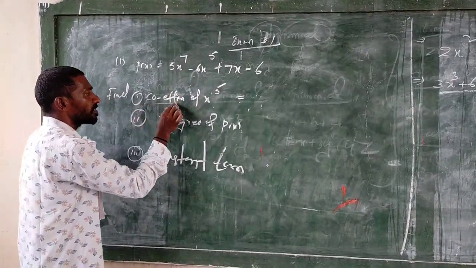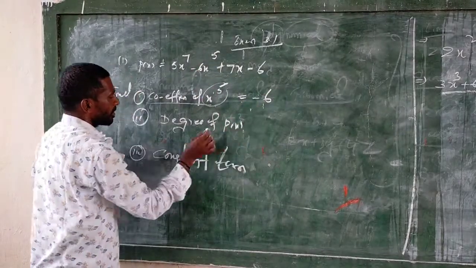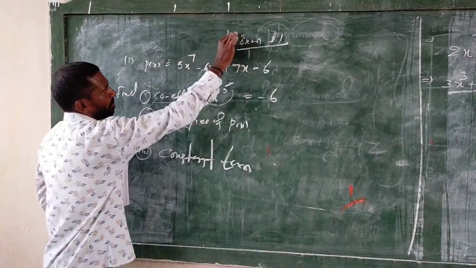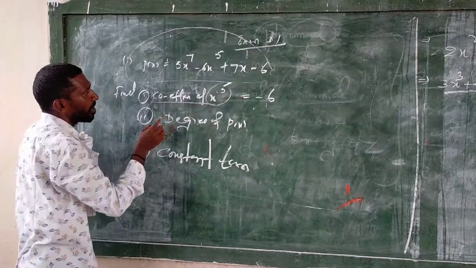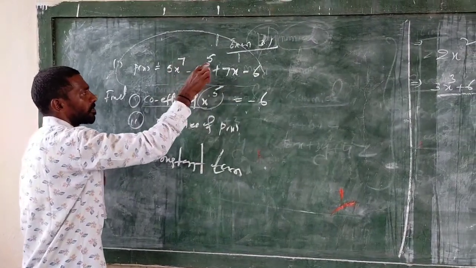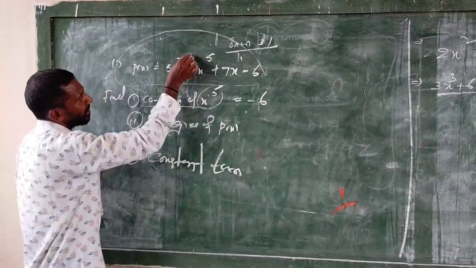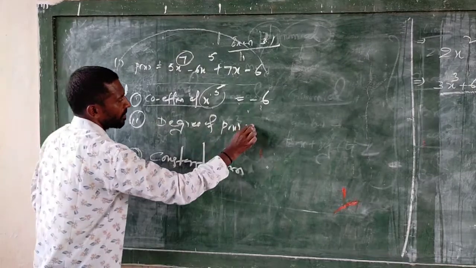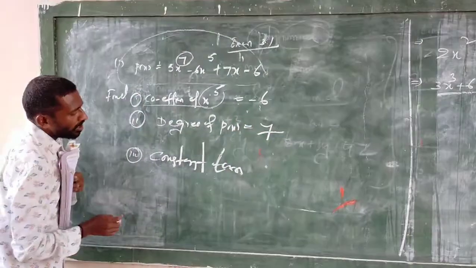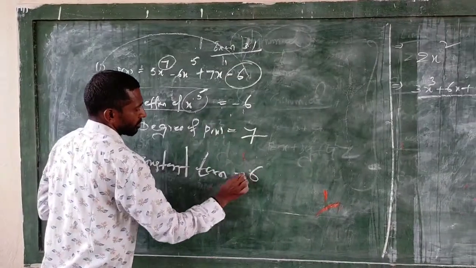So the coefficient of x to the power of 5 is minus 6. The degree of the polynomial p of x: the highest degree is 7, x to the power of 7, x to the power of 5, x to the power of 1, and a constant. So the highest degree is 7. The degree of p of x equals 7. And the constant term: there is no variable, so this one is the constant term.